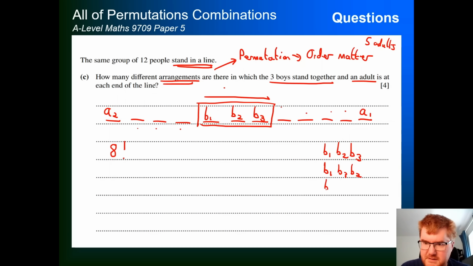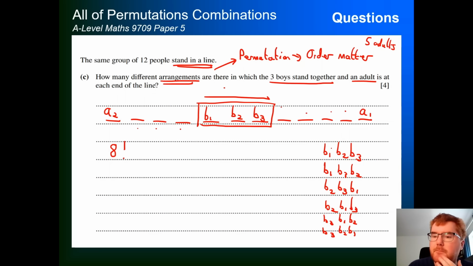We have B2, B3, B1. You can see where I'm going with this. B2, B1, B3, B3, B1, B2, and then finally B3, B2, B1. So we have 6 different possibilities here. So we can times by 6, or this would also be the same as 3 factorial because we've got 3 slots here and we can move it around.